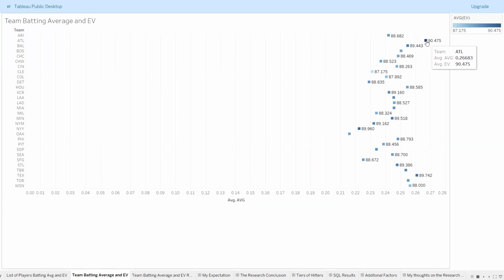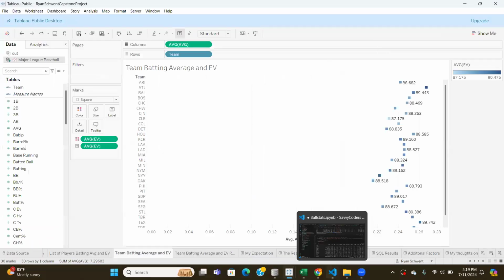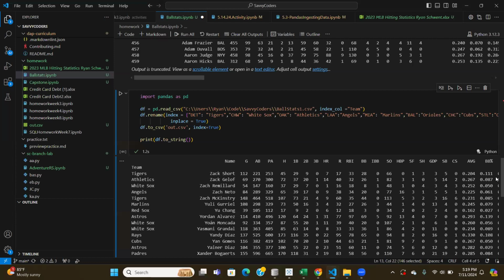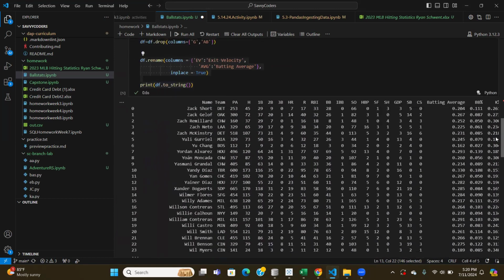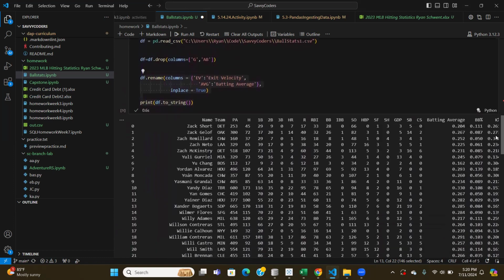And one other thing I want to go over was one of the graphs I put into Tableau that showed the teams and their exit velocities, and you can tell the difference between them. And one thing I did here, for people that don't typically watch baseball and maybe didn't know all the different teams, was write some code in Python.